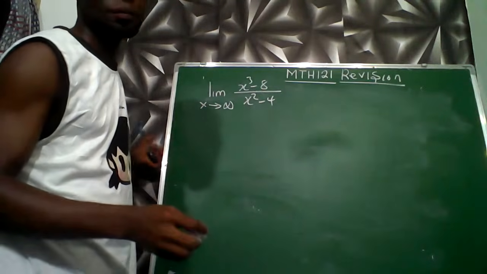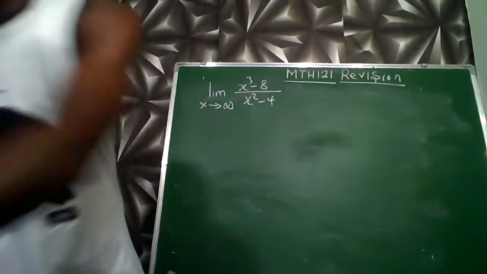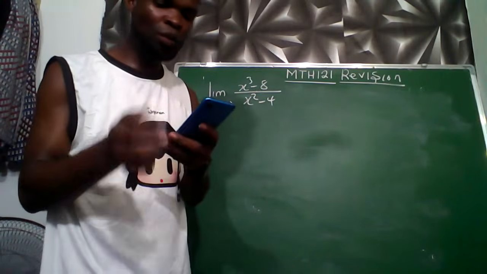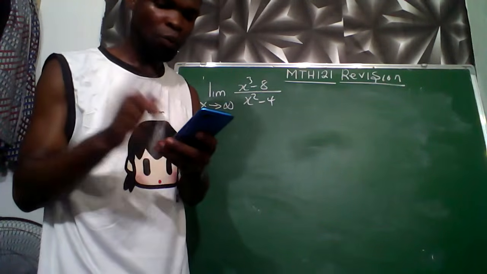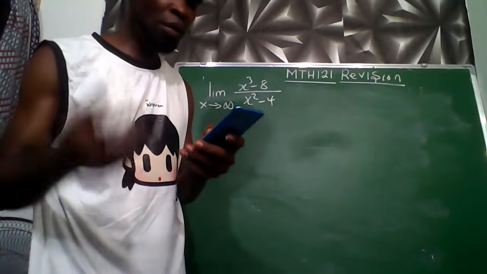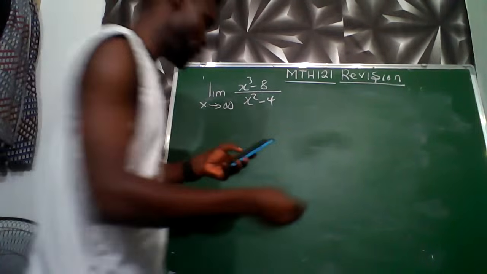Okay, this is very simple. The options are option A 1, option B 2, option C 0, option D undefined.